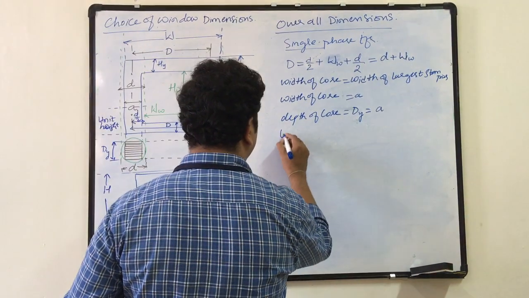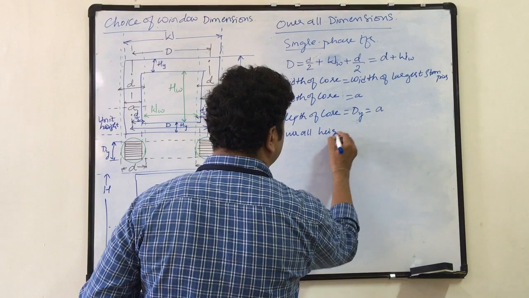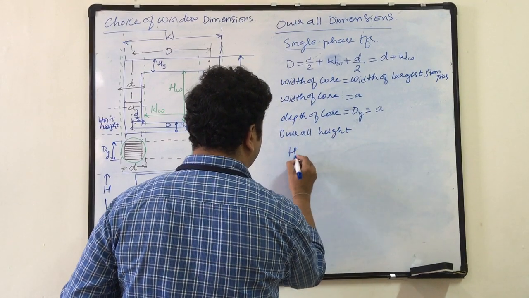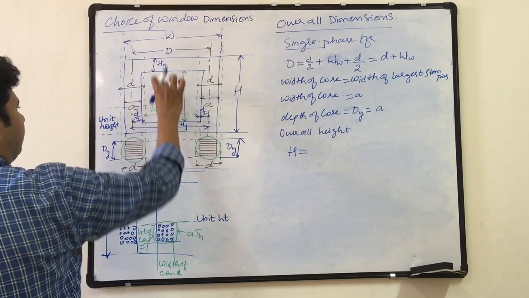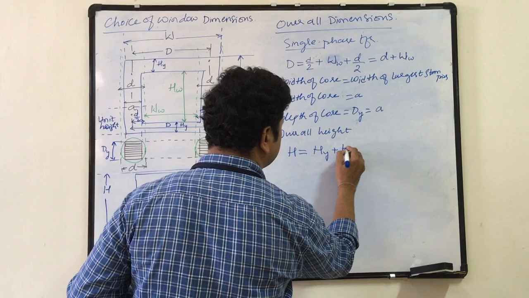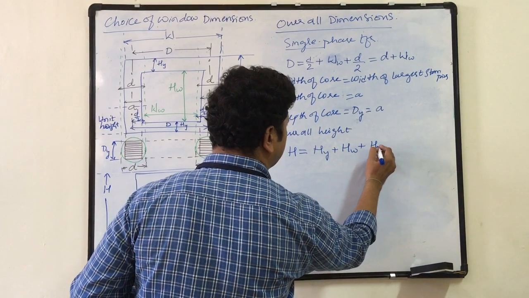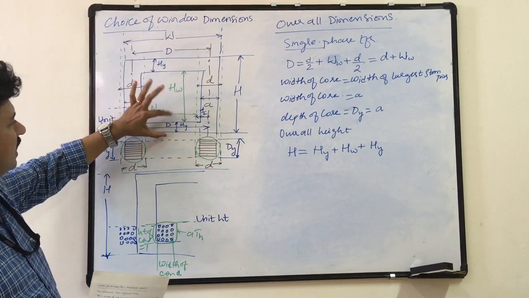So overall height H is equal to height of yoke plus height of window plus height of yoke.